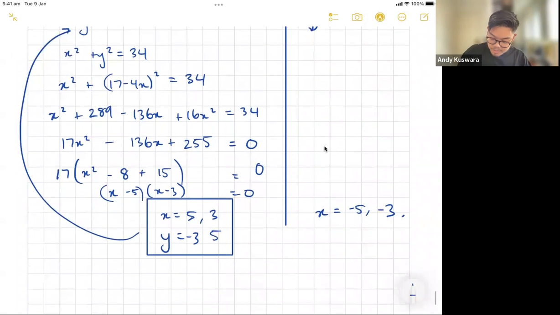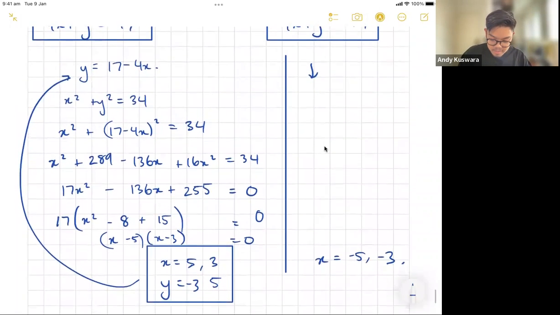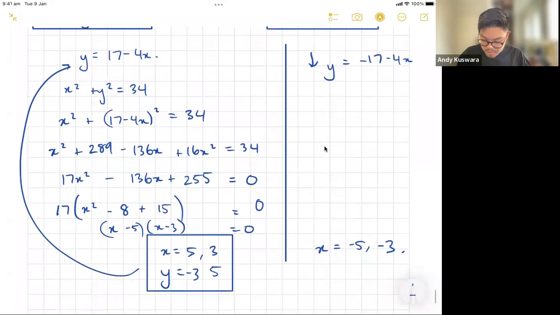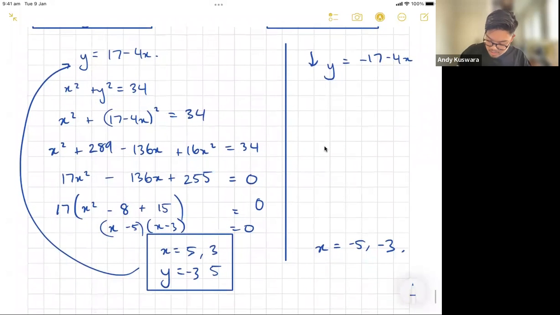And then for these ones here, it'll be quite similar. But for these ones, you plug it into y equals negative 17 minus 4x, if I'm correct. So if it's minus 5, it'll be 20, it'll be positive 3. And then this one here would be, I think, negative 5 plus 12.